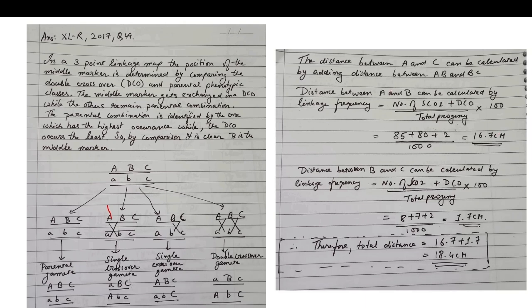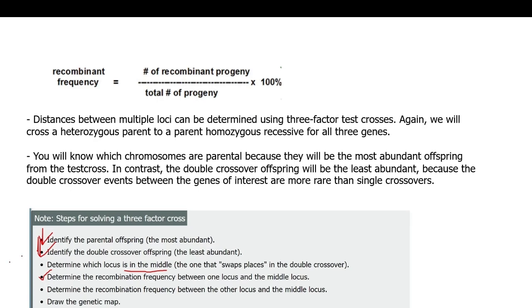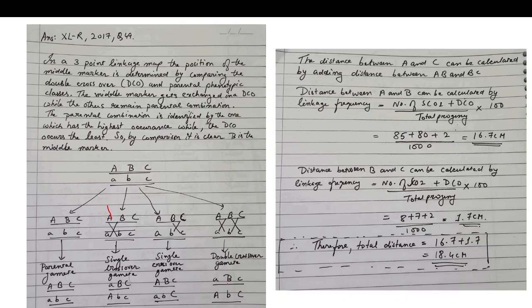So that is the distance between A and B, but the question asks for the distance between A and C. For determining that, we again find the distance between B and C, the distance of the other locus from the middle locus. The middle locus is B and the other locus is C. A and B we already found. Now we look into the table where the B and C crossovers are involved.